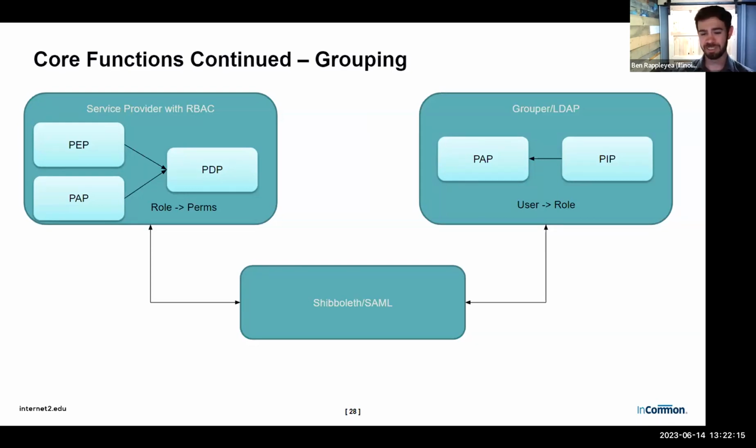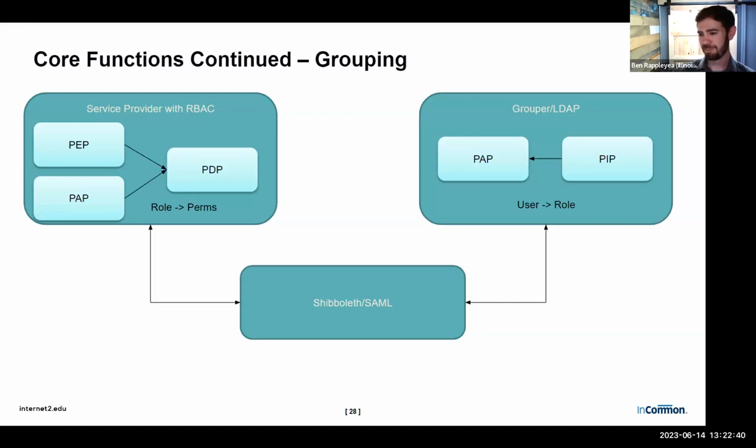How grouping relates or comes into this is it's the access management. It's the institutional roles mapped to the access policies. Access policy groups, which are the coarse-grained entitlements, if you will, are provided by the IAM infrastructure, and the fine-grained permissions are managed within the service provider itself, the application.